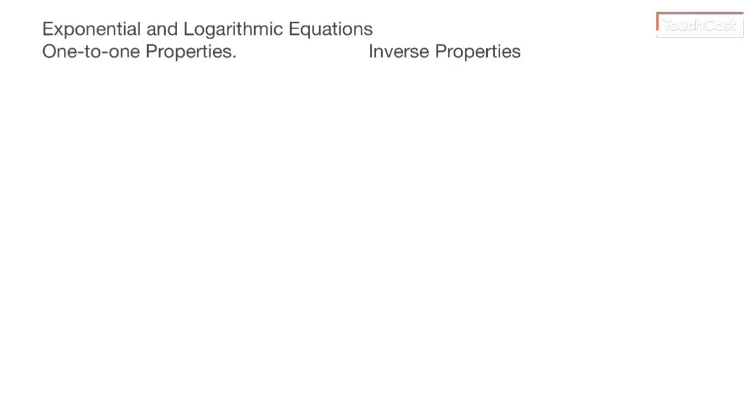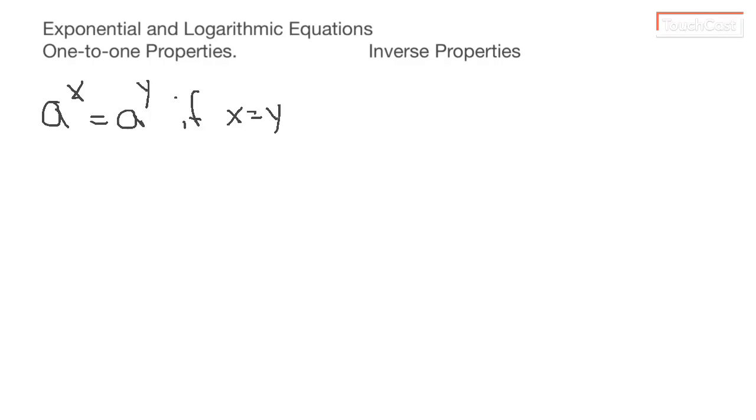So we're going to write a few things. First, we're going to write the one-to-one property of exponential equations. So we can say that a to some power x is equal to a to some power y if x is equal to y.